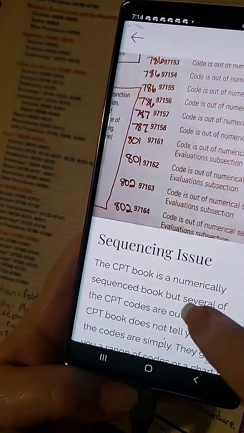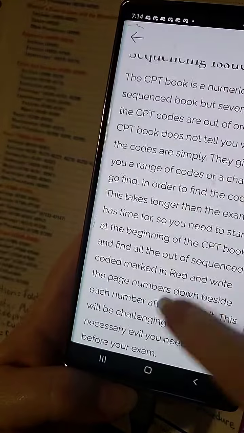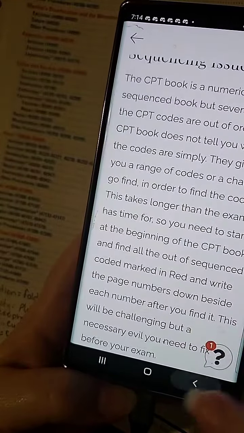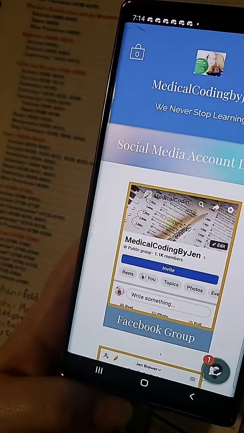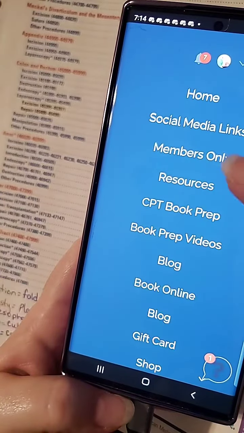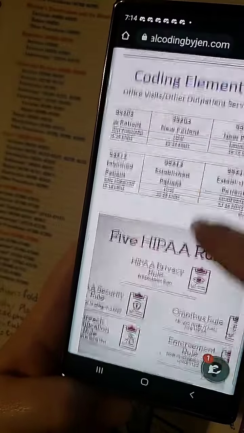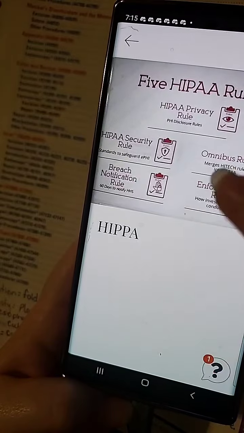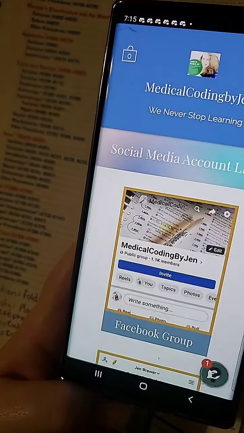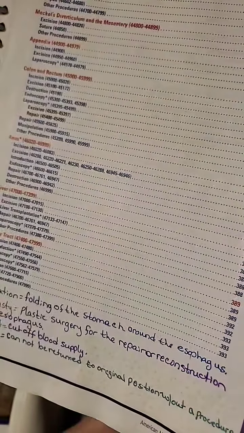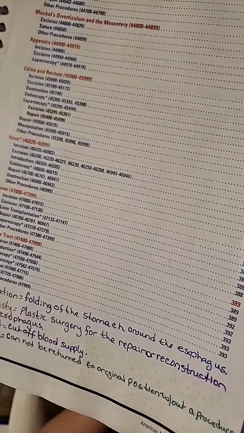If you click on it, it'll tell you what I'm doing, why I'm doing it, and how to go through it and do it on your side too. I go through the ICD-10, the CPT book, the HCPCS, showing you what you need to do. And I even have some one-sheet guidelines for some of the coding guidelines there too. That's all free for you.